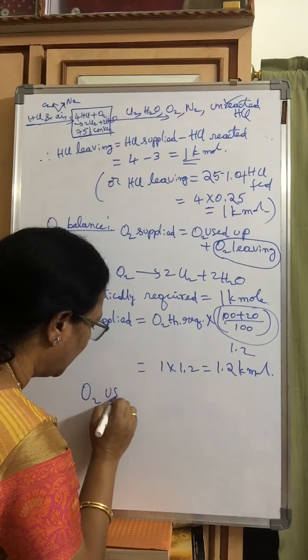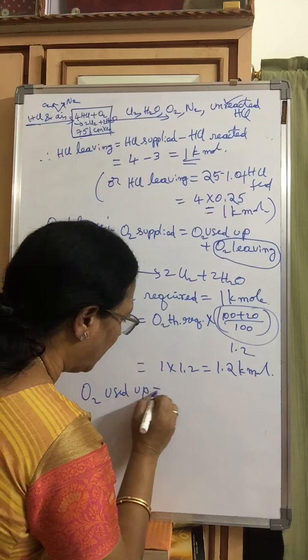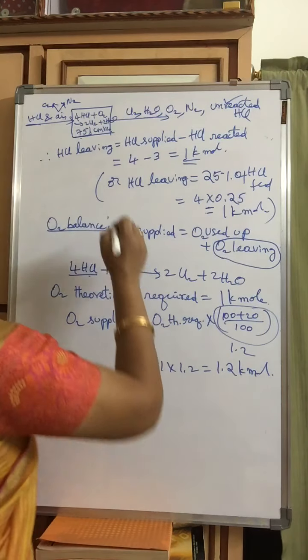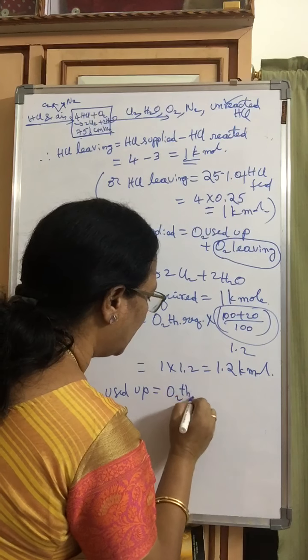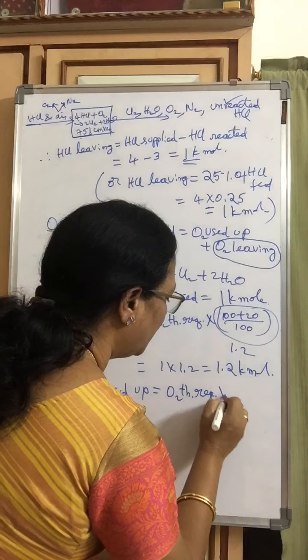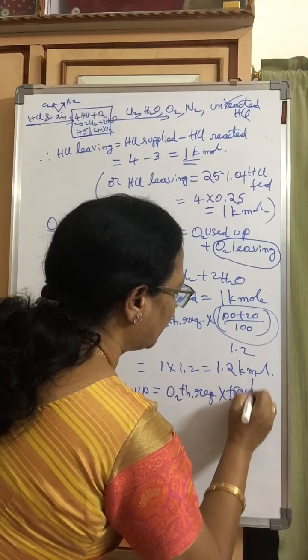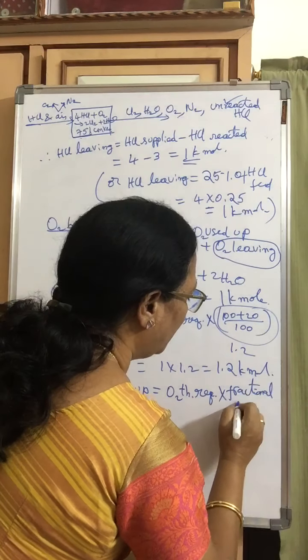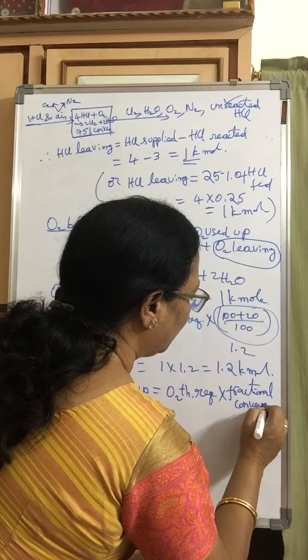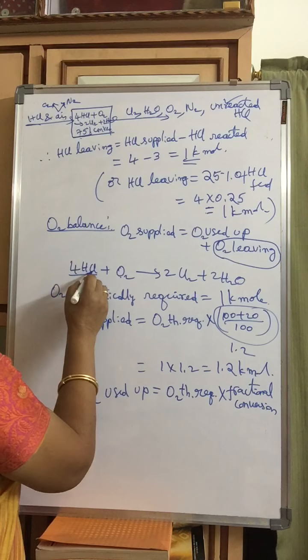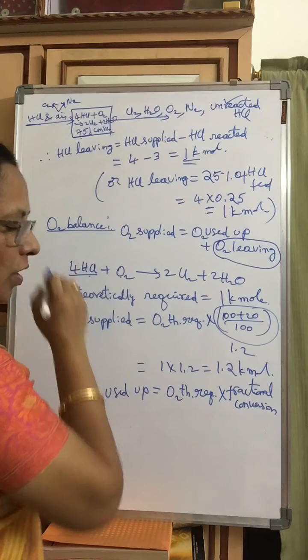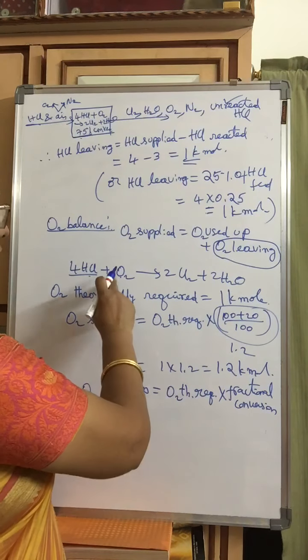Then, how much is oxygen used up? Oxygen used up is oxygen theoretically required into fractional conversion. According to stoichiometry, for the basis of 4 moles of HCl, 1 mole of oxygen needs to be consumed.